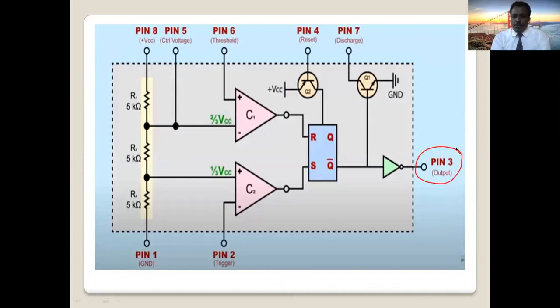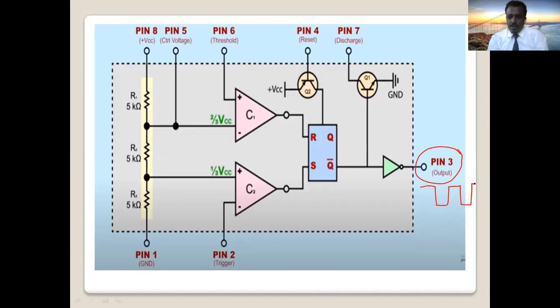This output of a 555 timer can be high or low. Okay, no other options. As we have discussed, the output at pin number 3 can be in a high state or a low state.